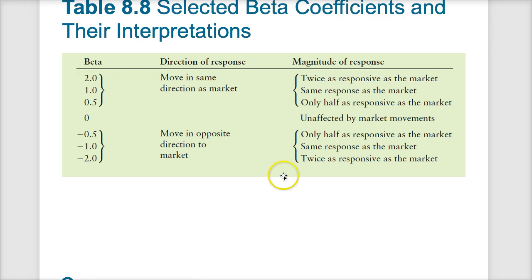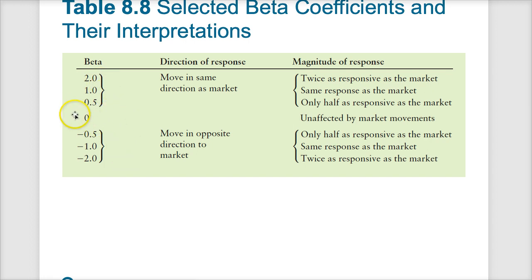So let's look at this scale here. So we have stocks that are all moving in the same direction as the market. So if your beta is positive, your stock is going to move in the same direction as the market, which means the market goes up, your stock goes up. So beta of 1, the market goes up 10%, your stock goes up 10%. A beta of 2, the market goes up 10%, your stock will go up 20%, statistically.